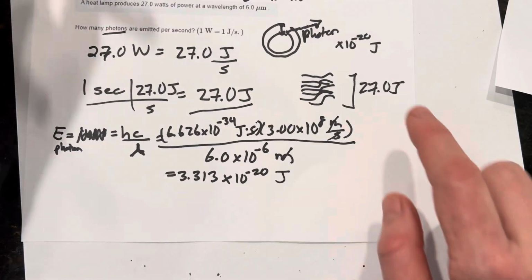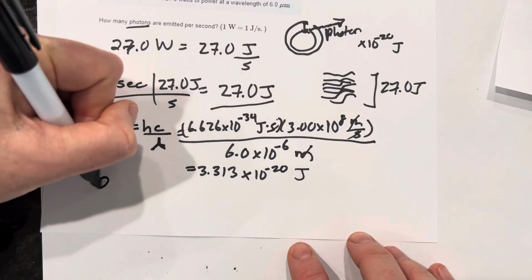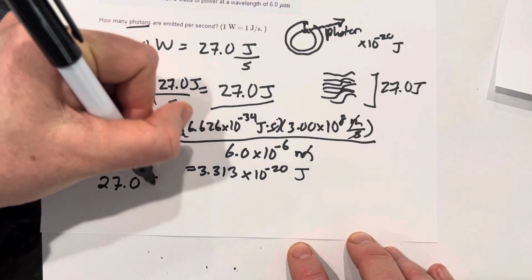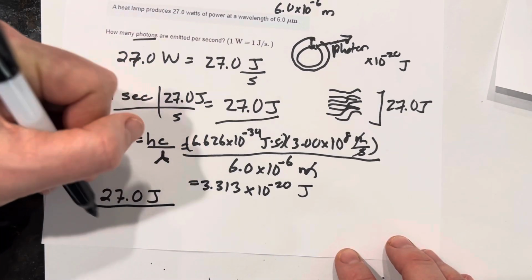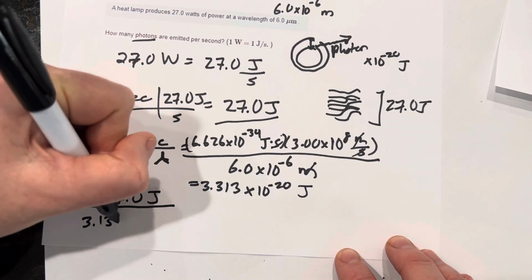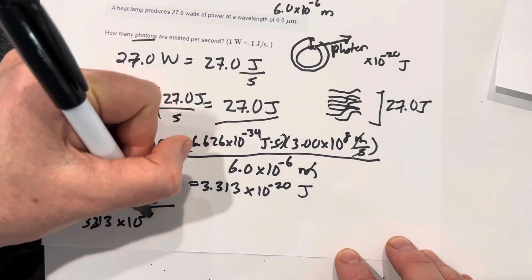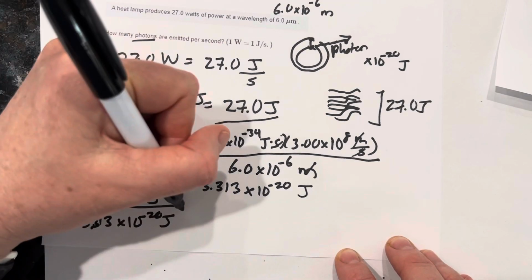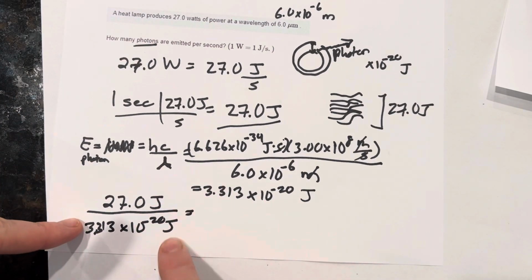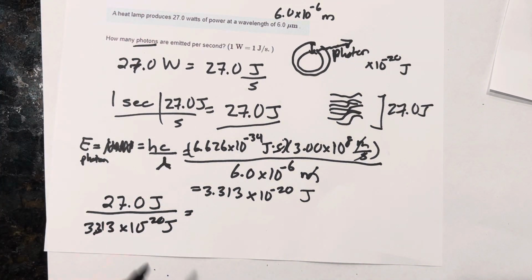Our big number was 27 joules. Our individual number was 3.313 times 10 to the negative 20 joules. If we take the big number divided by the little one, we'll figure out how many total photons there are.